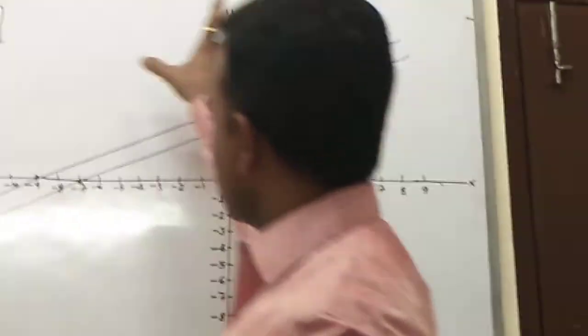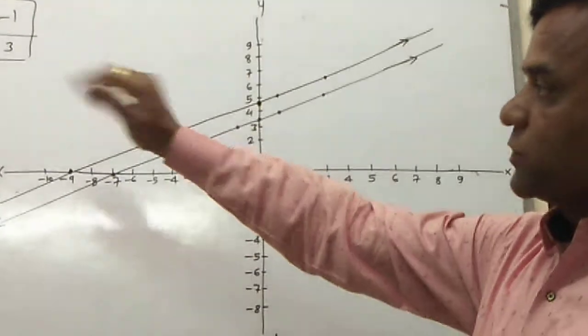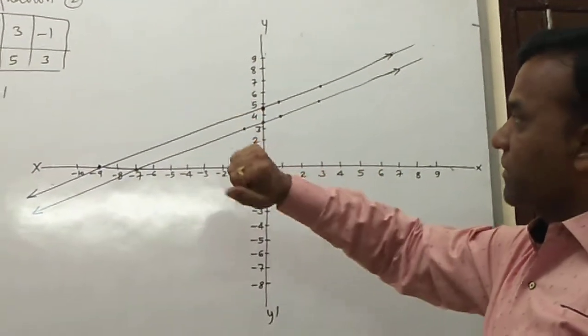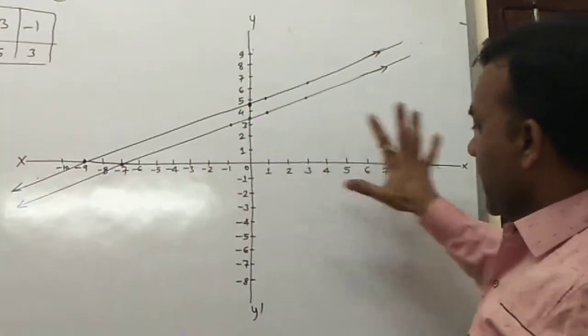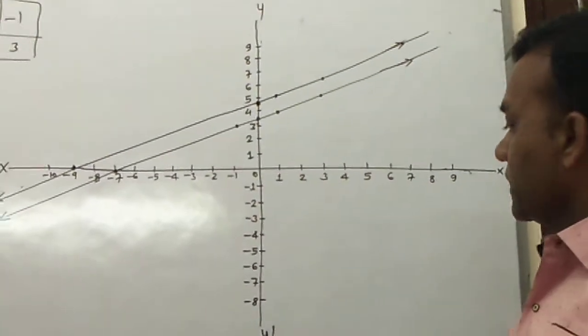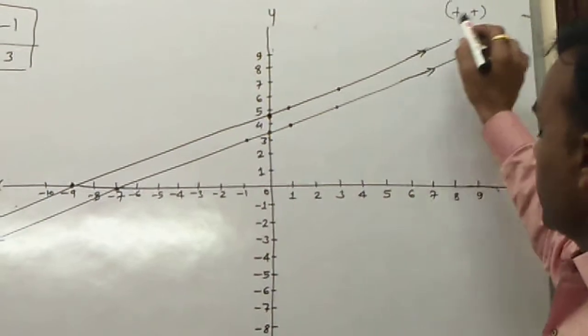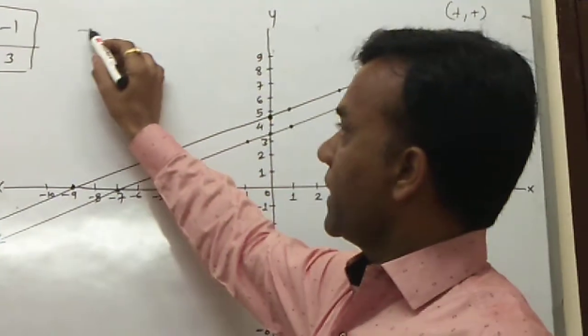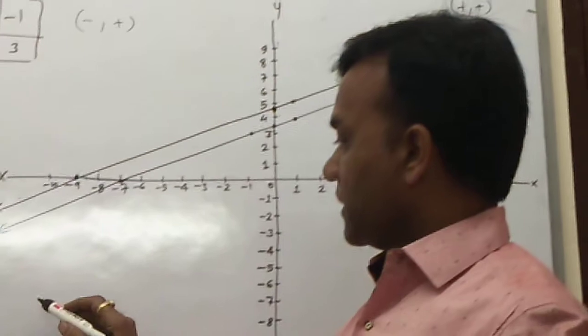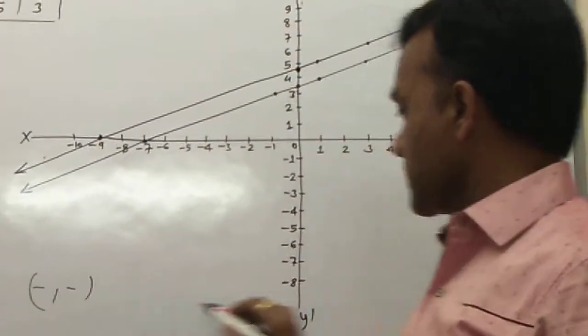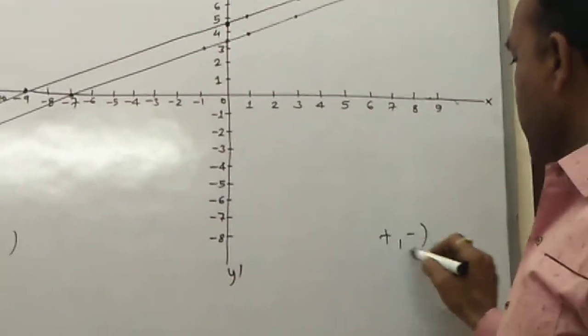Similarly, we draw the same graph, because the highest point is 9 here and the highest point is 7. So we draw the 9 by 9 graph, all points within 9 and 9. Okay, so the first quadrant is plus plus, the second quadrant is minus plus, then here you have minus minus, similarly plus and minus.